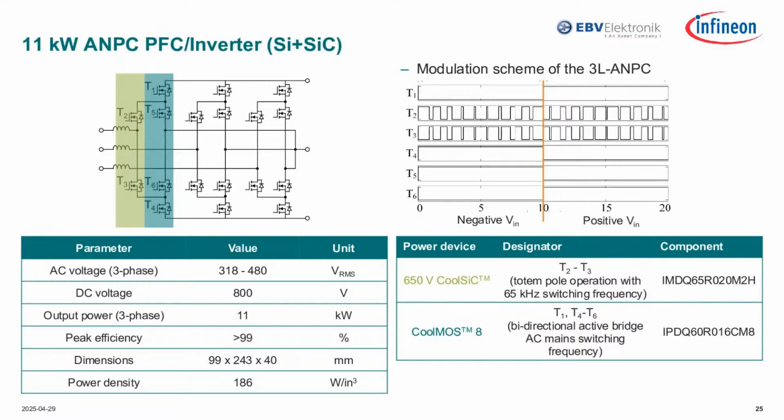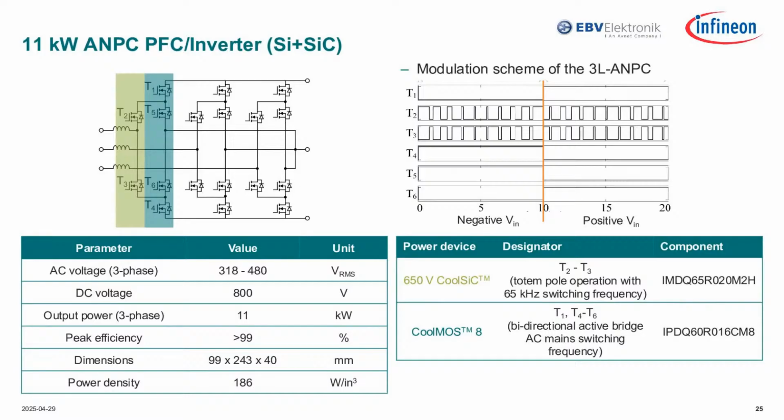Meaning that for the 11 kilowatt solution, we only use 6 pieces of silicon carbide MOS to fulfill the bidirectional operation. The remaining 12 pieces use silicon, to balance the total system cost. So this is the moderation scheme.